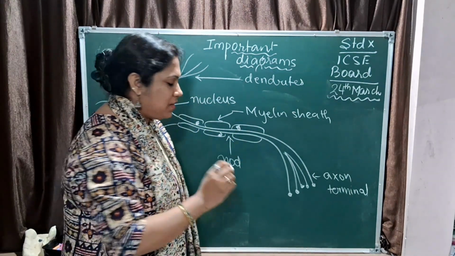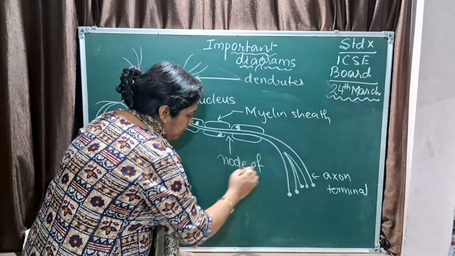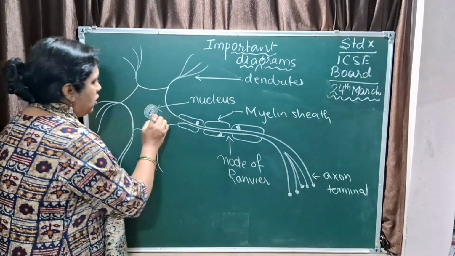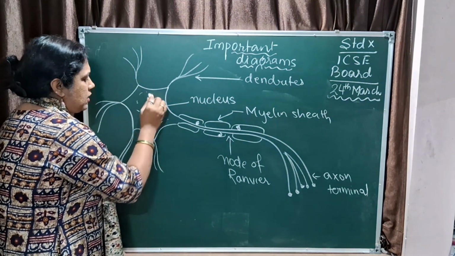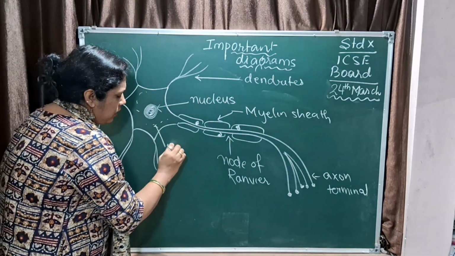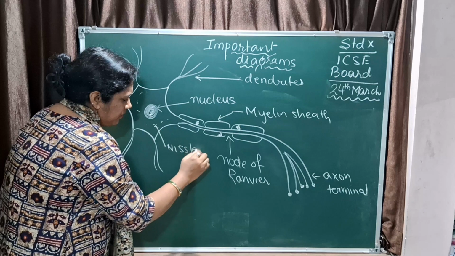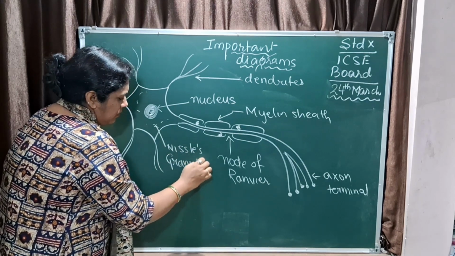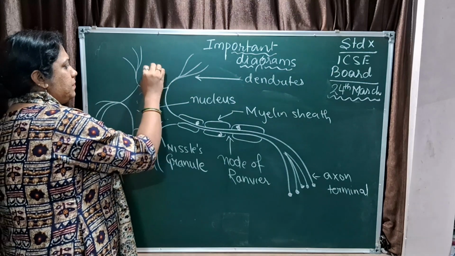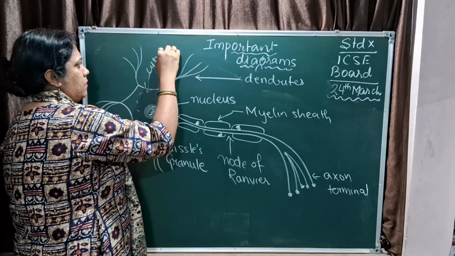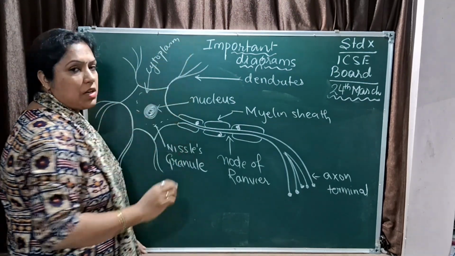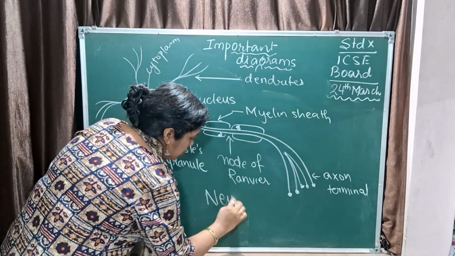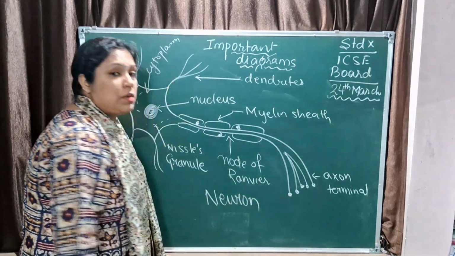Node of Ranvier. Then these are the Nissl's granules. And the cytoplasm. So this is your structural and functional unit of your nervous system, that is your neuron. This is an important diagram.